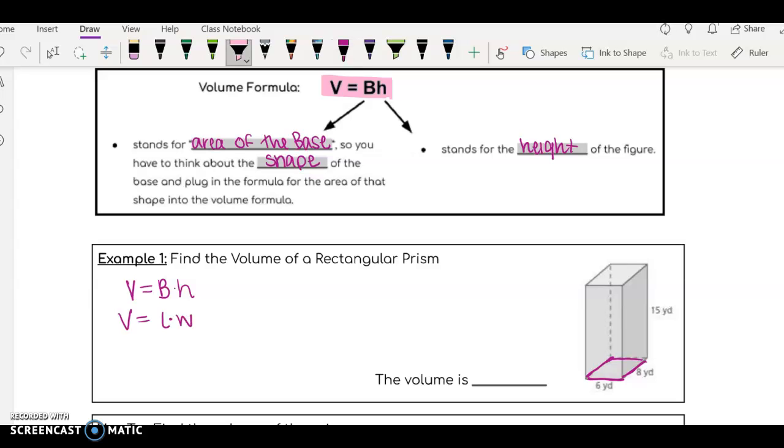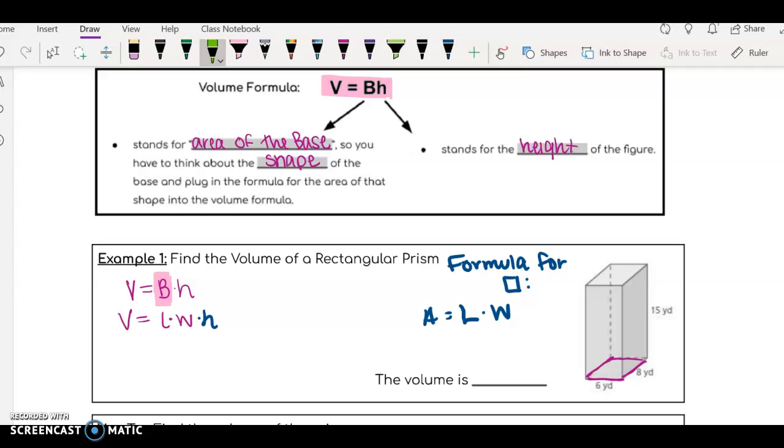So what we did was we replaced the base, the giant B, with the formula for a rectangle, which was length times width. So the area of the base, length times width, times our height.